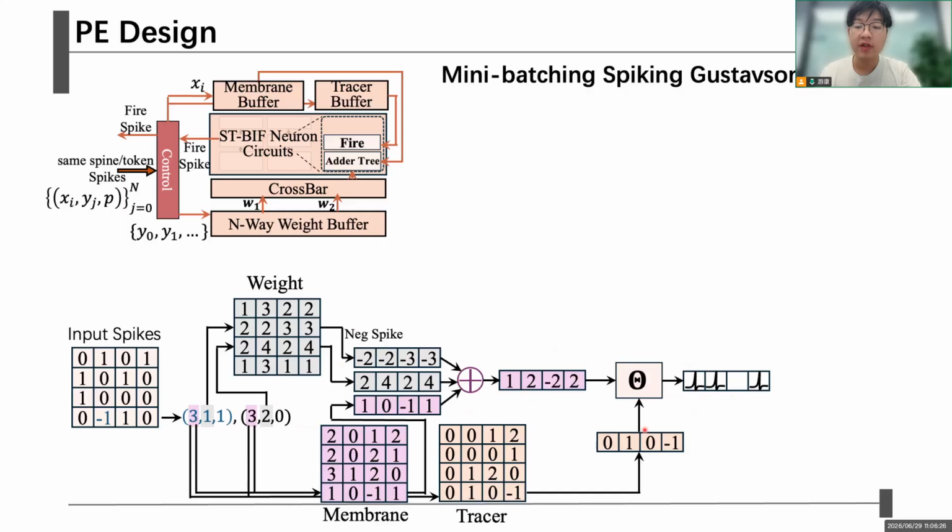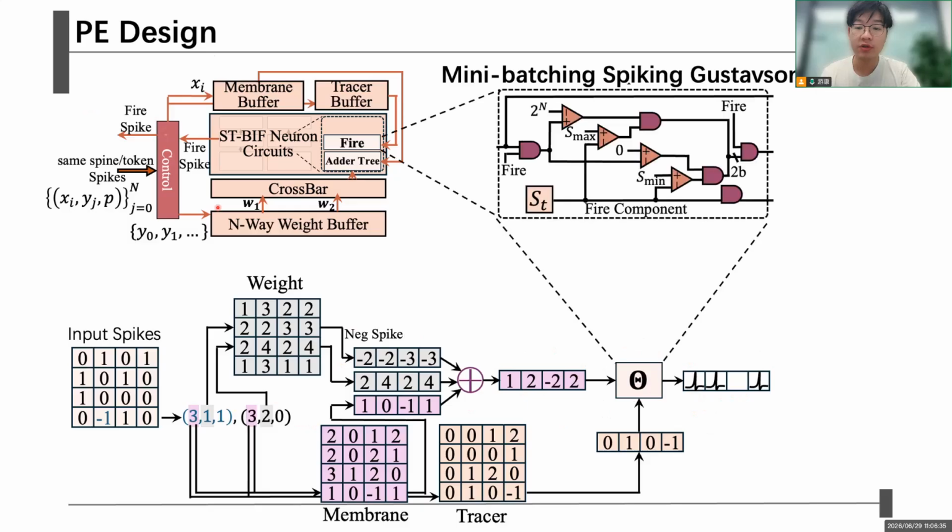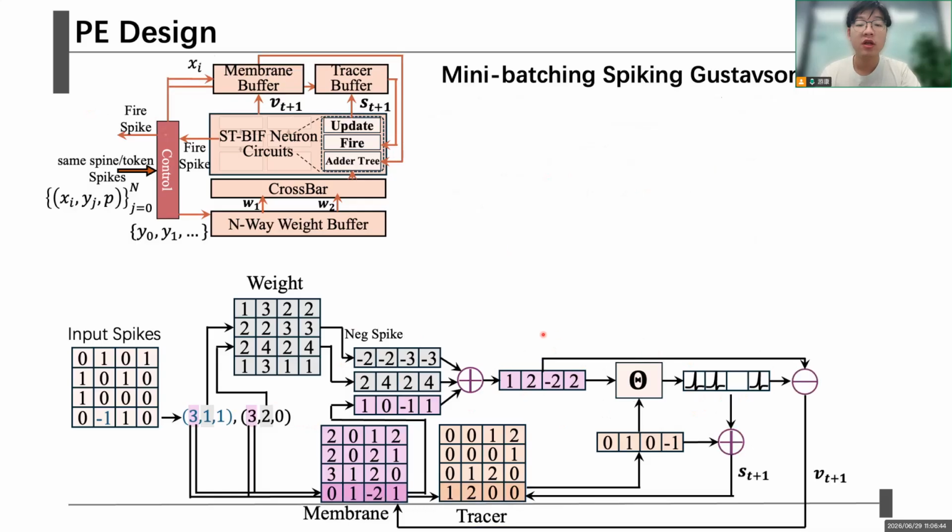generate spikes. Finally, the generated spikes are sent back to the control module and then forwarded to the router for inter-PE communication. The firing function theta is conducted by the fire component, which comprises multiple comparators and an AND gate.